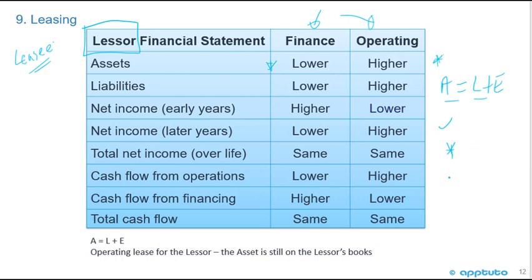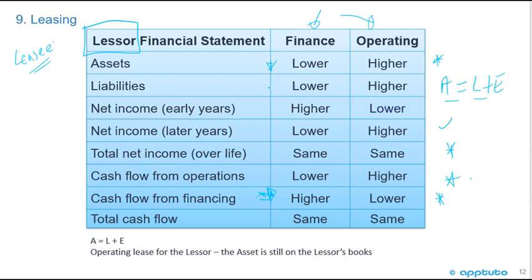Cash flow from operations is going to be higher on an operating lease. And my cash flow from financing is going to be lower. Of course, here I'm getting paid back my principal, so my cash flow from financing is going to be higher, okay? Because it's a finance lease.